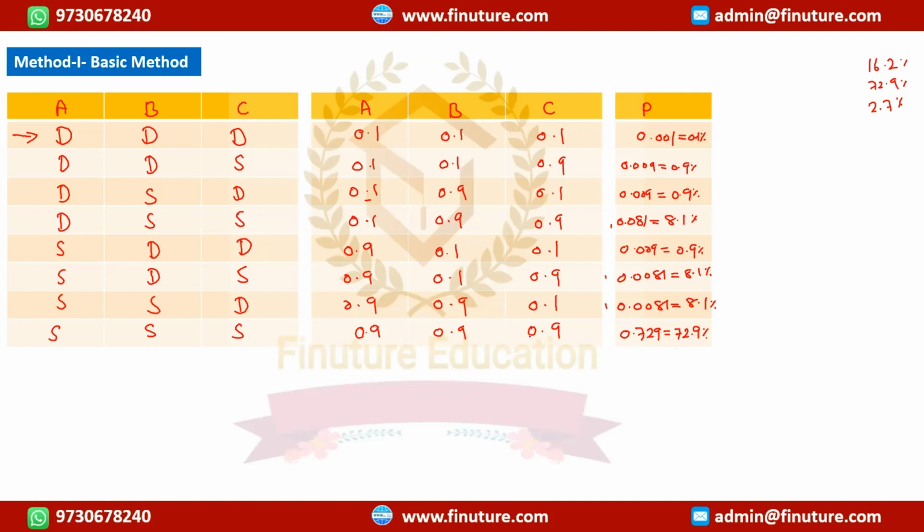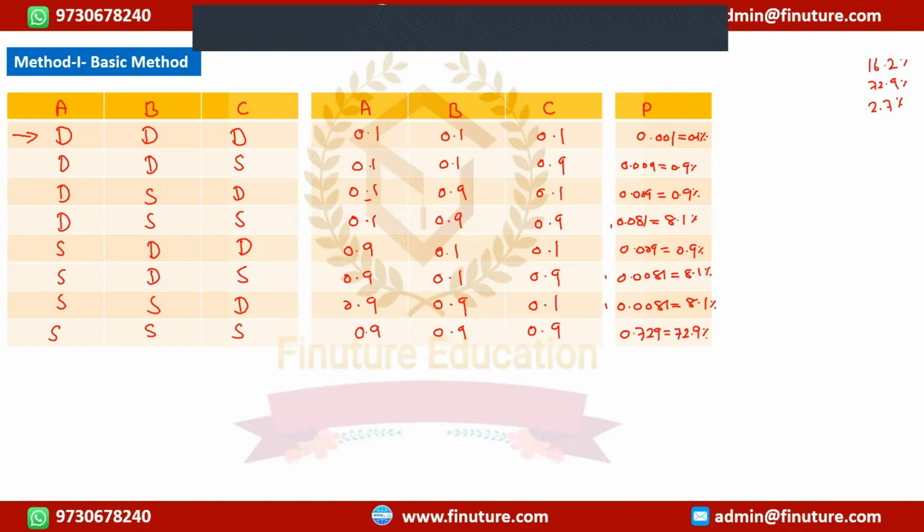And I think something is missing. So 0.1. I think over here it would be 8.1 into 3. So it would be 24.3. Just let me correct it because it was not coming as 100.